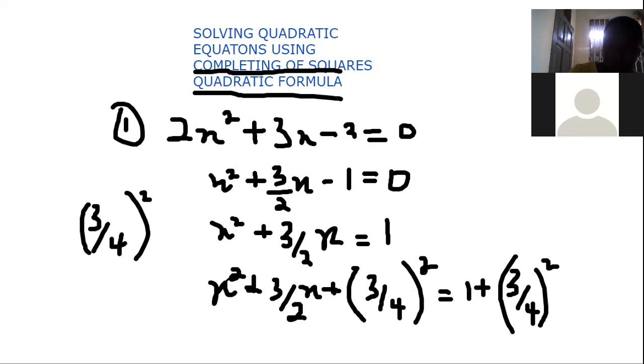When you expand, this whole thing is x plus 3 all over 4 all squared, is equal to 1 plus this all squared, which is 1 plus 9 all over 16.